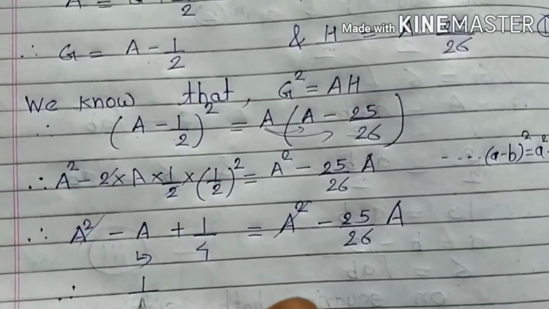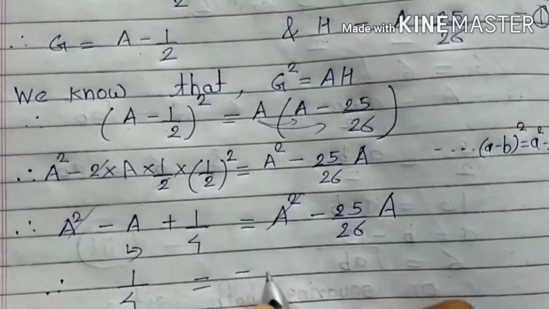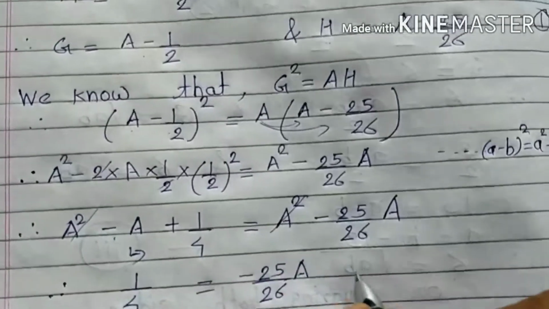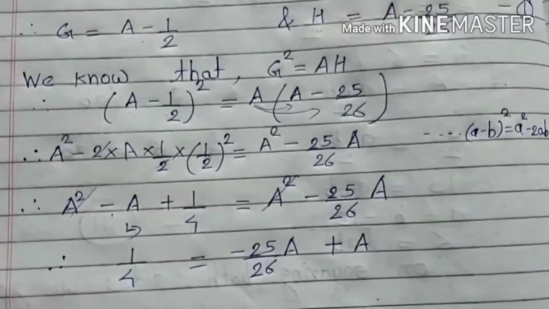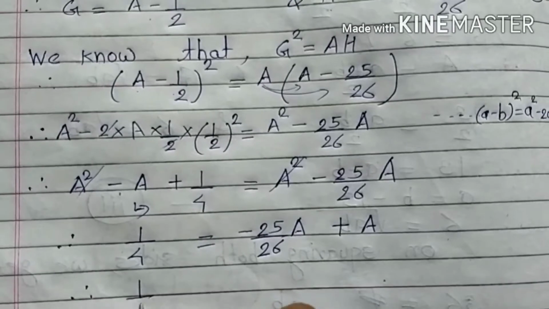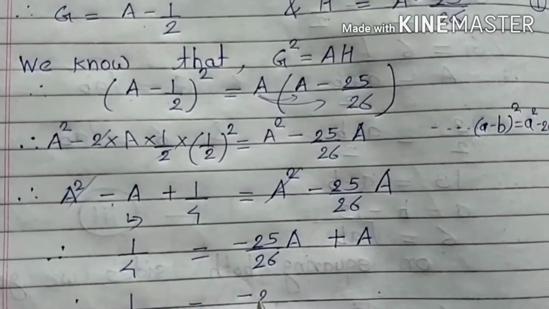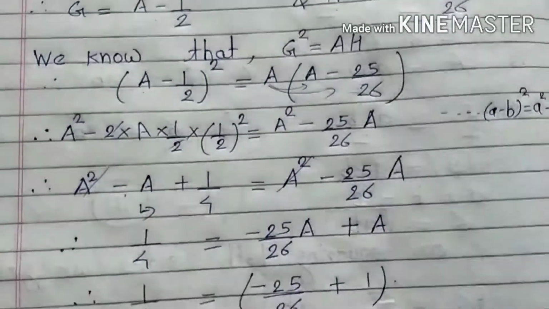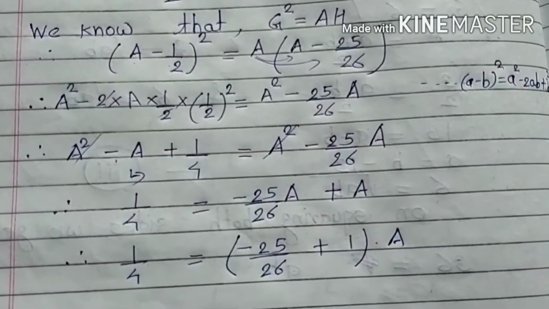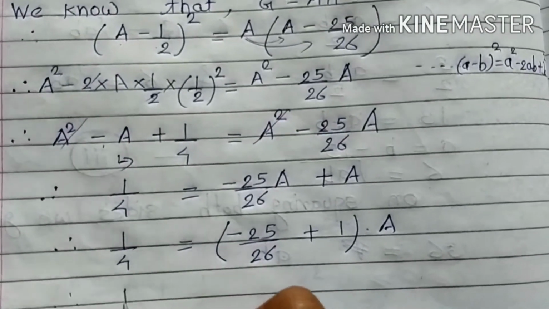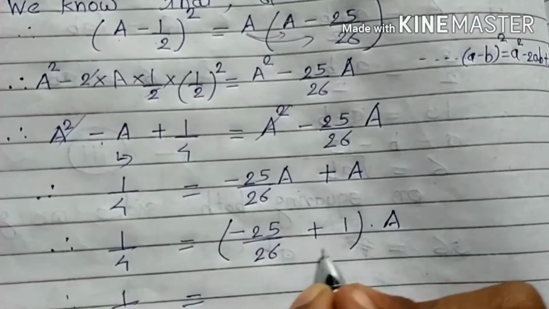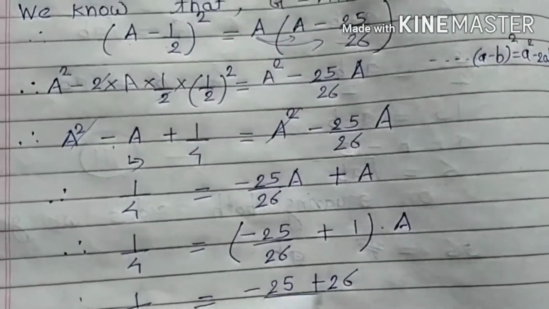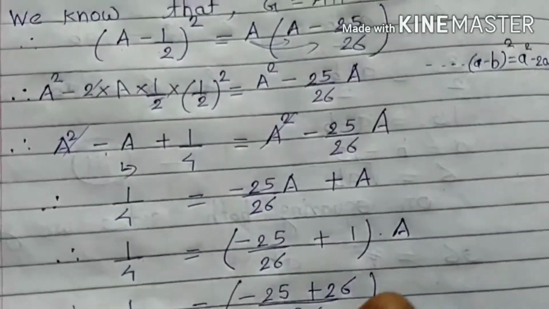So here 1/4 is equal to −25/26 a, and this minus becomes plus. Therefore 1/4 is equal to −25/26 a plus a, and take a common. Cross multiply: 1/4 is equal to (−25 + 26)/26 into a.